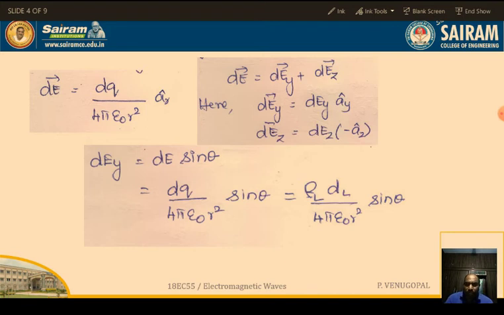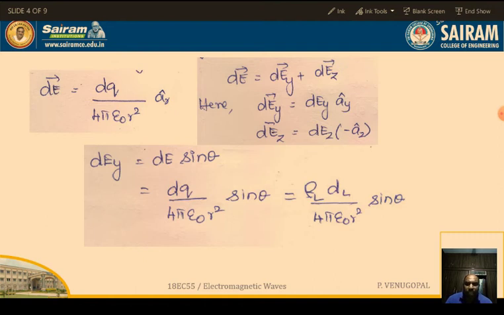Therefore dEy, the magnitude of the vector dEy, is equal to dE into sin theta. Refer to the figure, we can write dEy is equal to dE into sin theta, but dE is nothing but dq by 4 pi epsilon r square into sin theta, because we are writing the magnitude here. Therefore dE we can also write as a magnitude, don't write the vector.